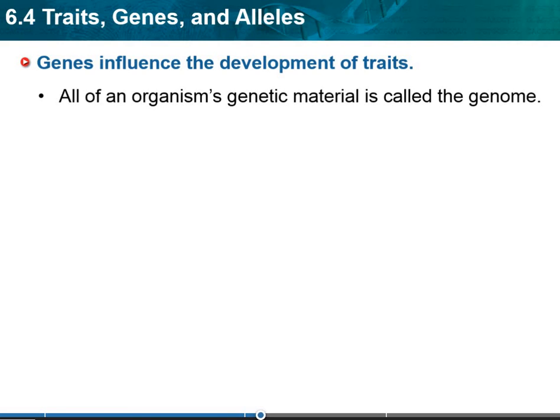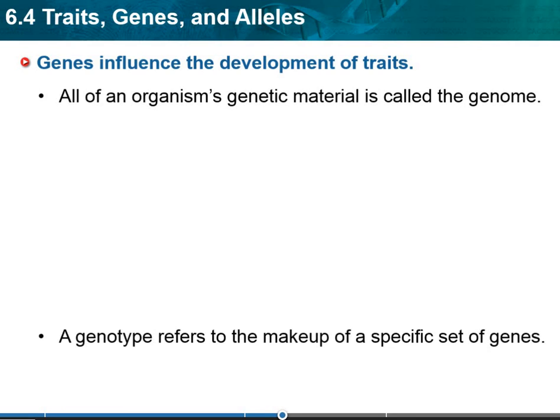So genes influence the development of traits. All of an organism's genetic material is carried in the genome, which is all of the organism's genetic information. A genotype refers to the makeup of a specific set of genes. So it's another way of saying the genetic makeup or the allele combination that you would find in the organism.